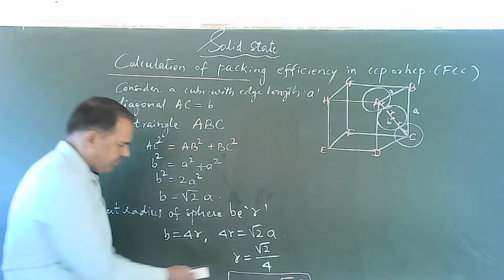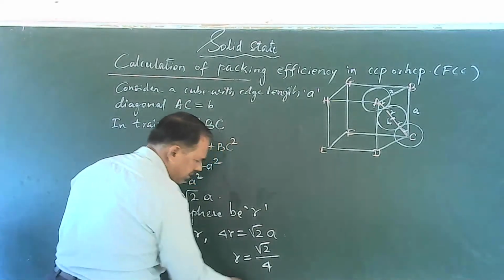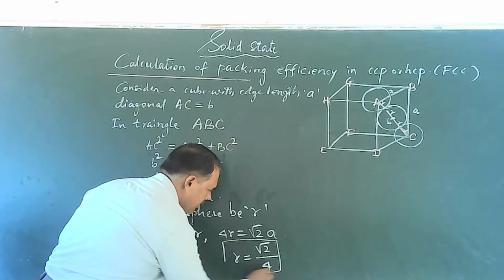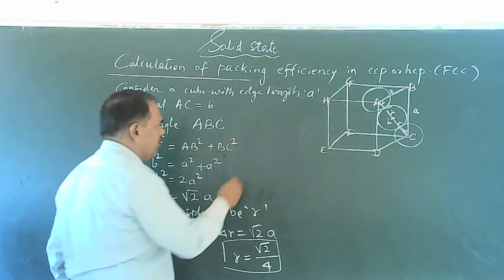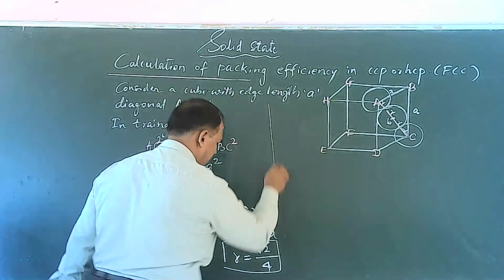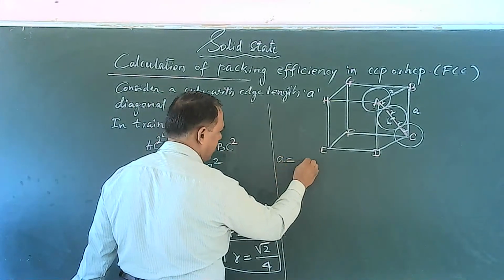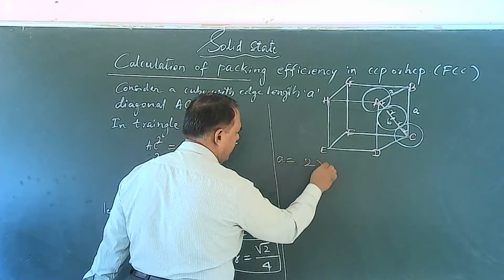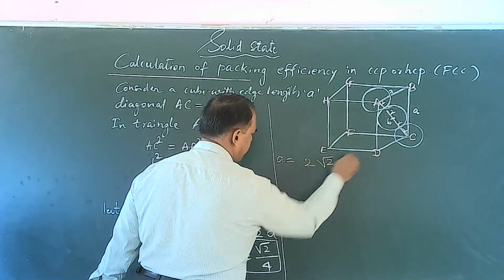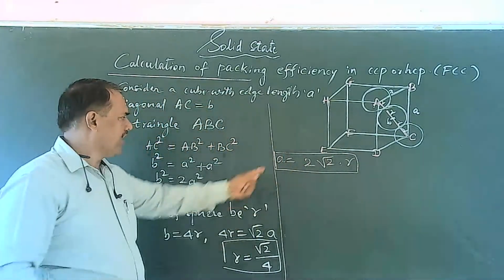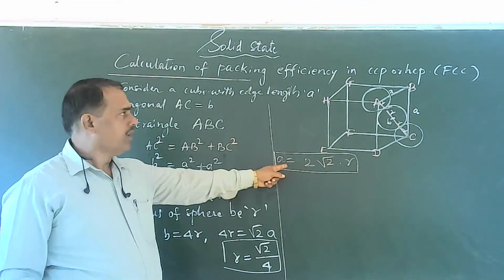So we write at the top R is equal to root 2 A by 4. Then A is equal to 2 root 2 R. Are you clear? So that is nothing but the edge length.